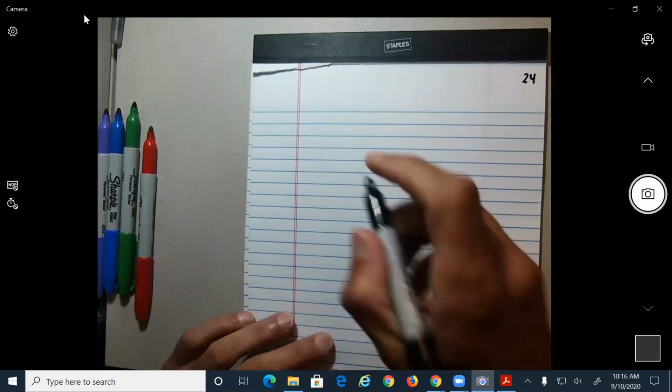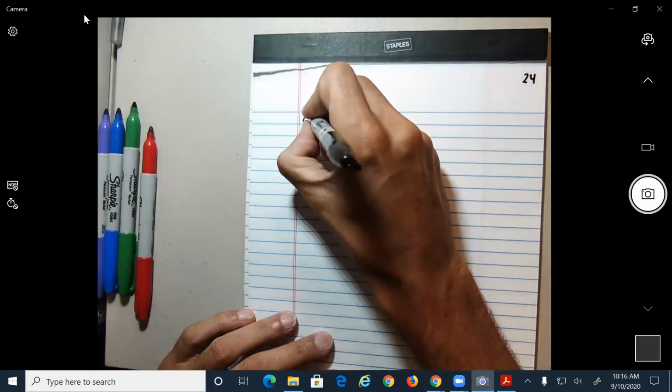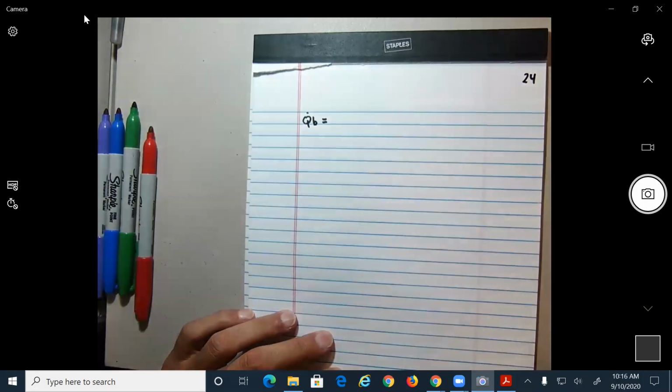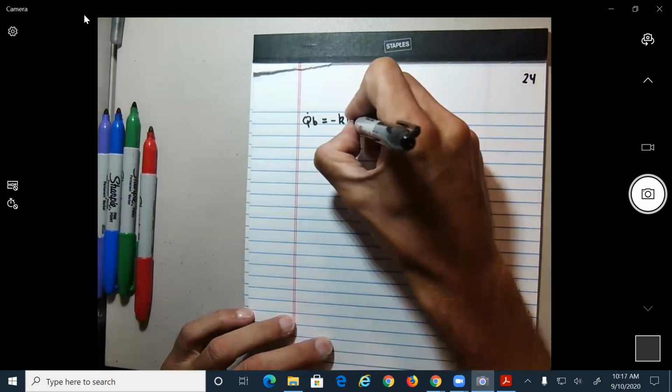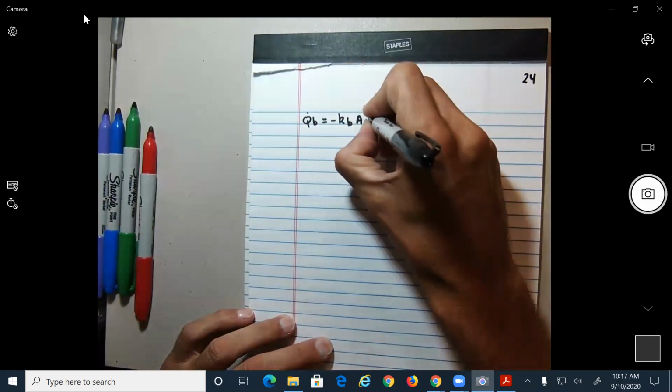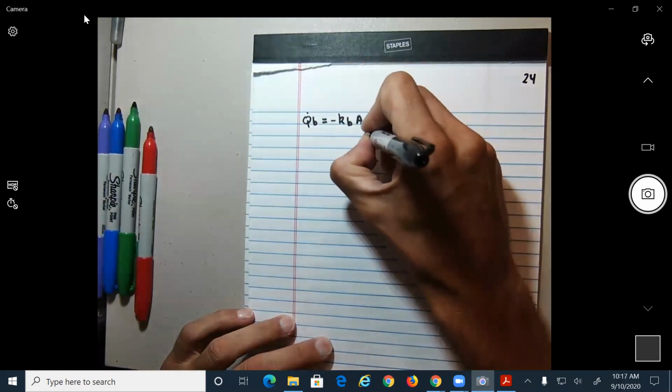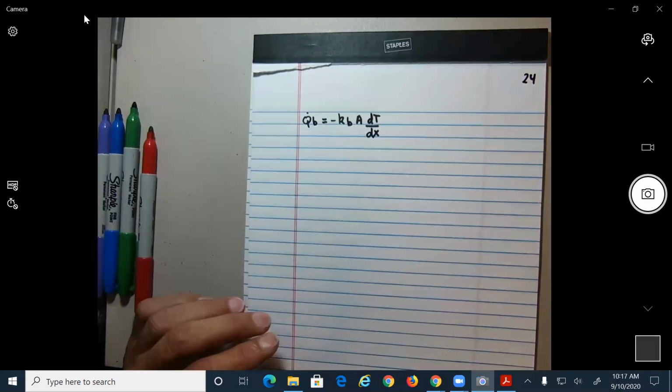So we do the same thing. Q going to the brick. This time should be equal to what? Minus K of the brick, A, dT/dx.